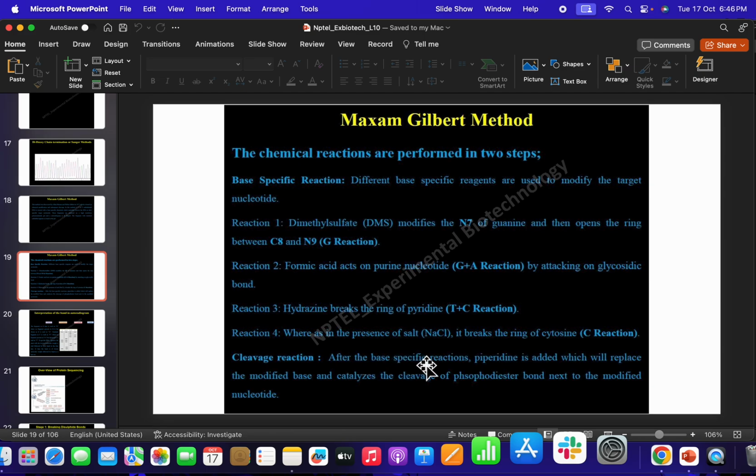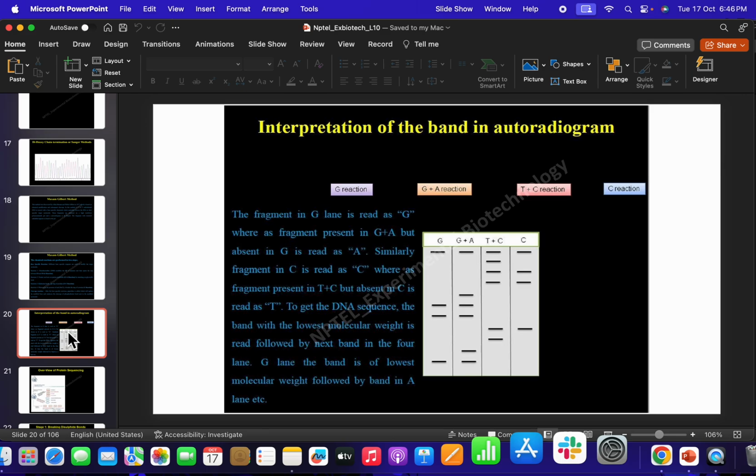Cleavage reaction: after the base specific reactions, piperidine is added which will replace the modified base and catalyze the cleavage of the phosphodiester bond next to the modified nucleotide. Interpretation of the bands in the autoradiogram: G reaction, G plus A reaction, T plus C reaction and C reaction.